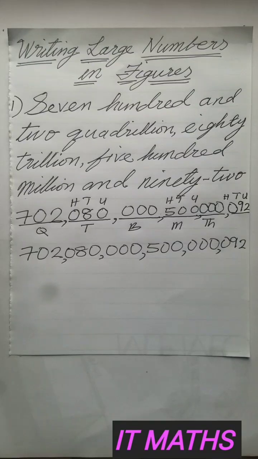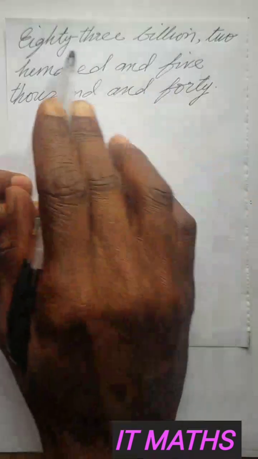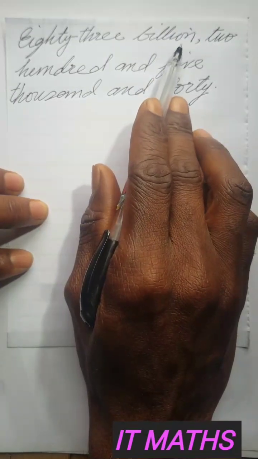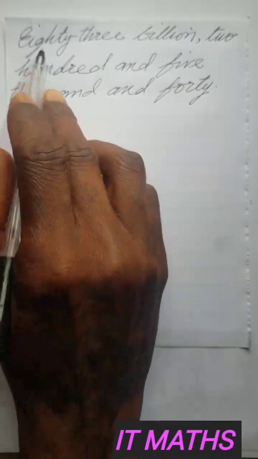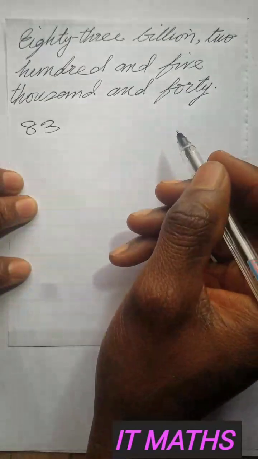If at all the number is too large and is making your head spin, let's switch to something small. Let's look at 83 billion 205,040. Okay, like we always do, we start from the biggest family, the billion family. So what qualifies 83 to be a billion?